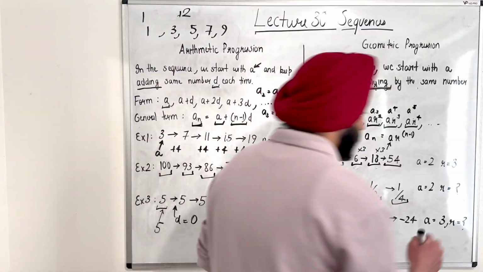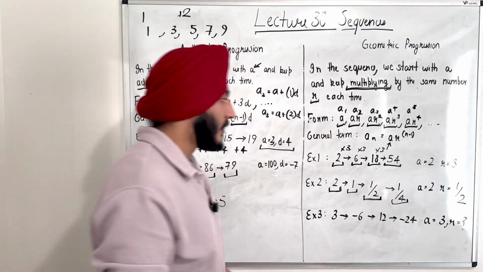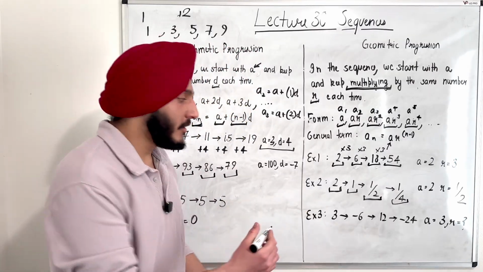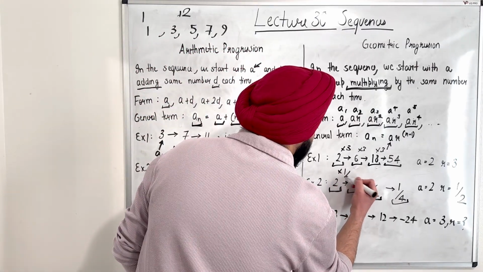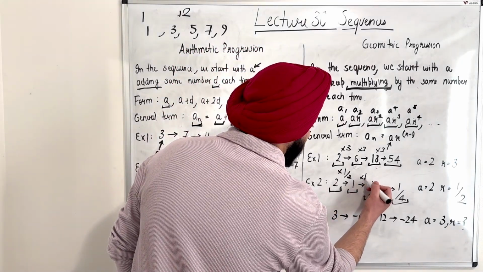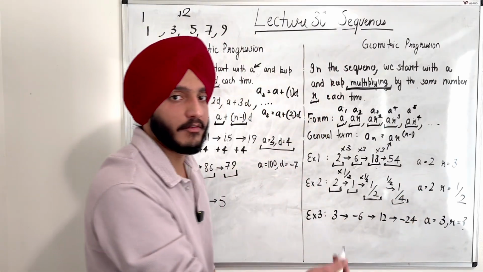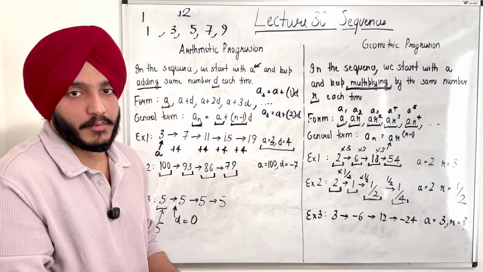The R in this case would simply be 1 divided by 2. Why? Because I started with 2, multiplied by 1 by 2 gives you 1, multiply 1 by 1 by 2 again gives you 1 by 2, and then multiplying by 1 by 2 again gives you 1 by 4. Very simple to understand.